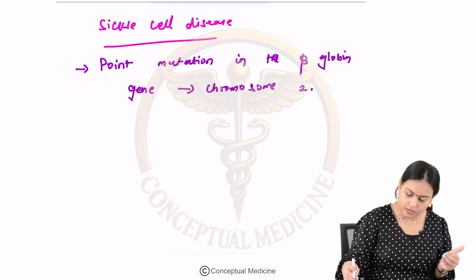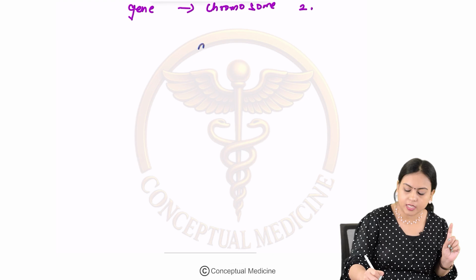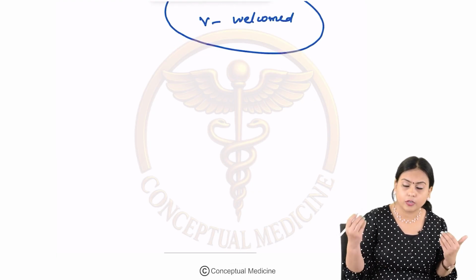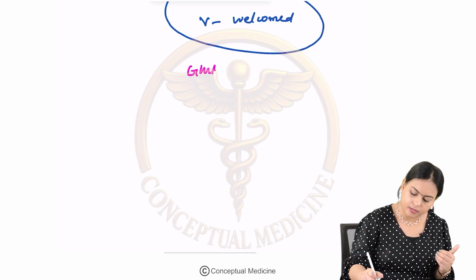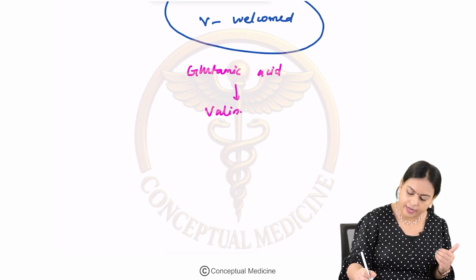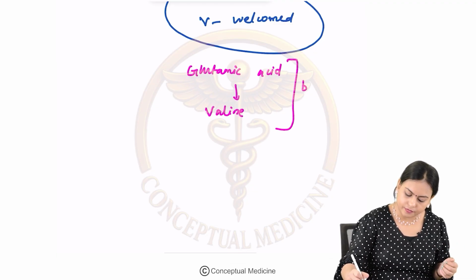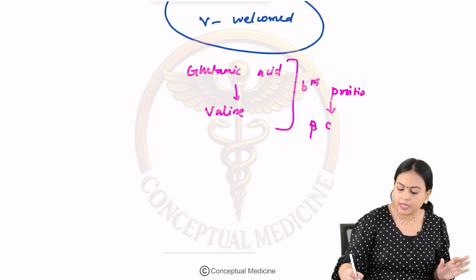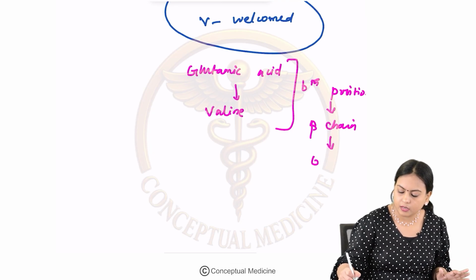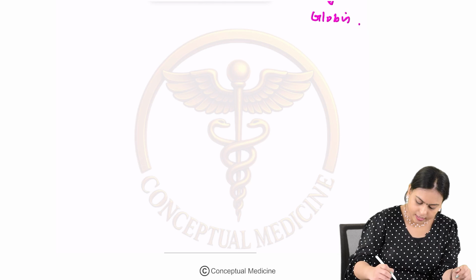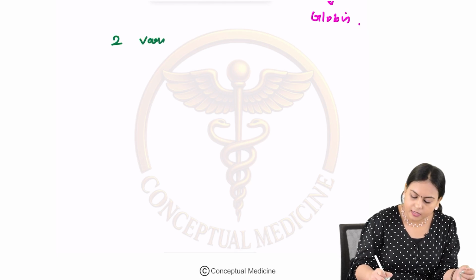What happens is glutamic acid goes, and it is substituted by valine, and this will be happening at the 6th position of the beta chain in the globin. Clear?